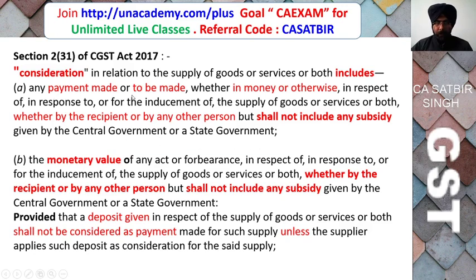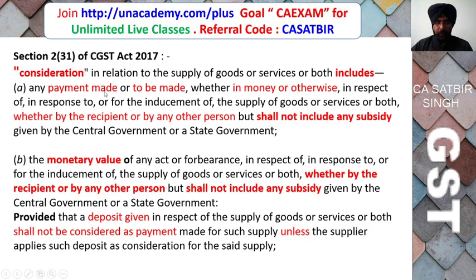So even if the payment is made or to be made, whether in money or otherwise, even if some item is received in kind, suppose person A gives item A and person B in return gives a certain other item, even if this is not in money, it is otherwise, and even then this is a consideration.